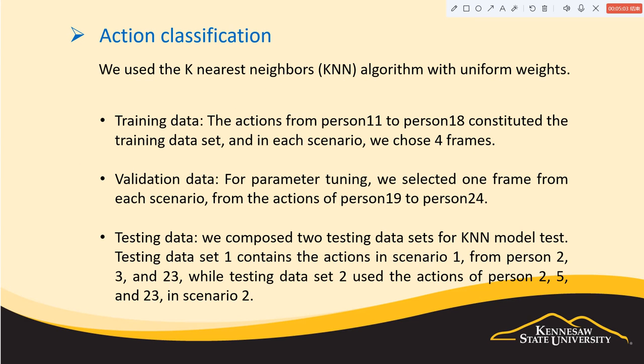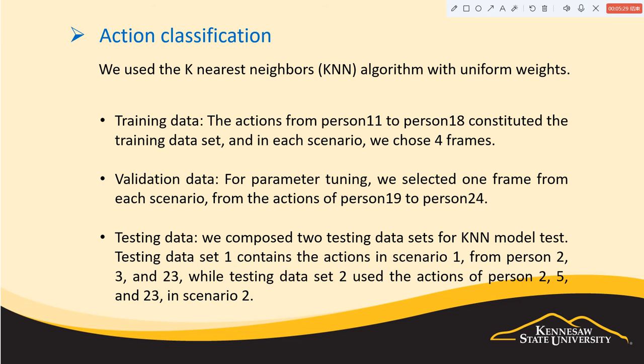And after that, we need action classification. As I described before, we use the KNN algorithm with uniform weights. For the training data, the actions from person 11 to person 18 compose the training dataset, and in each scenario we choose 4 frames.